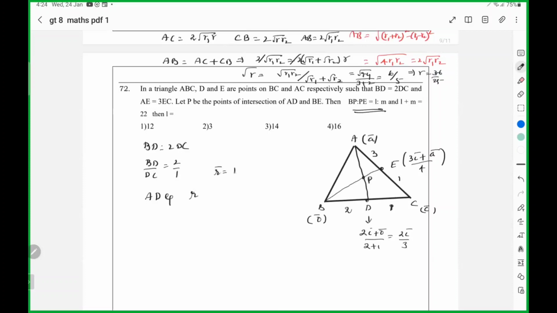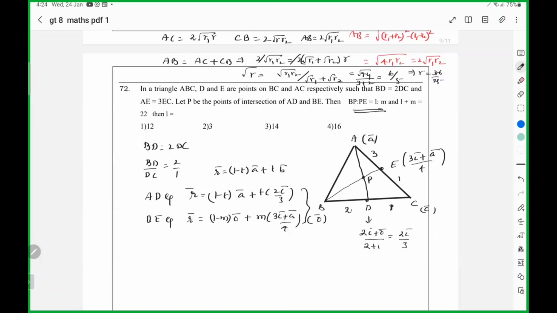Any line passing through 2 points is this: A bar plus T times 2C bar by 3 minus A bar. BE equation: 1 minus M into 0 bar plus M into 3C plus A bar by 4.